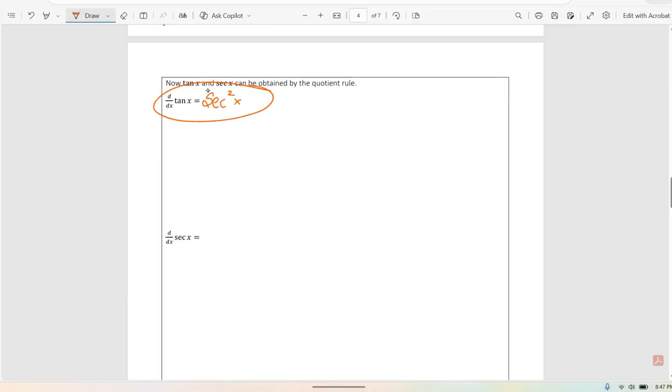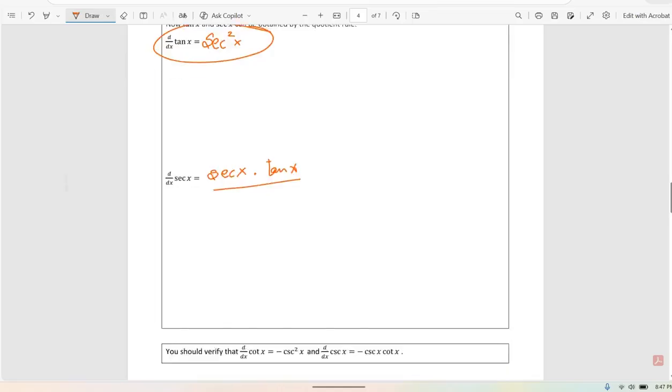So formula added to your formula list, and derivative of secant is secant x times tangent x. Okay, so two more.